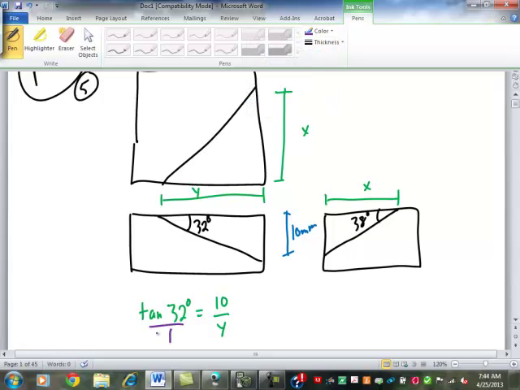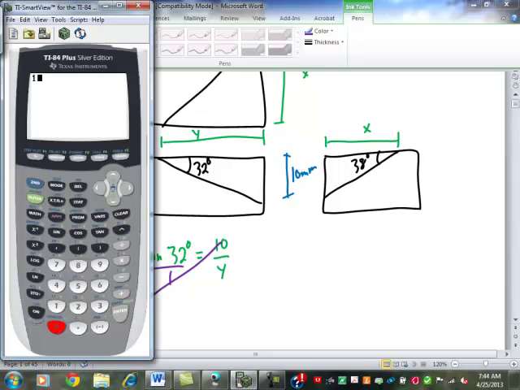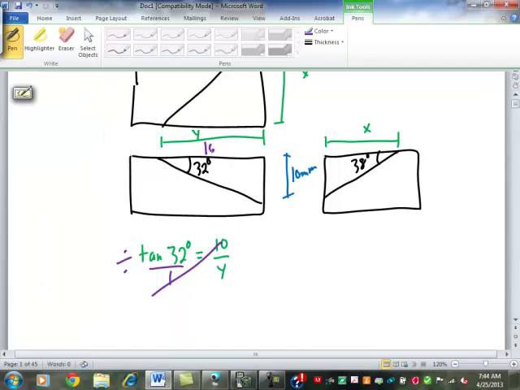We have to put this over 1, cross multiply, and divide. So it becomes 10 divided by tangent of 32. Gives us 16.003.